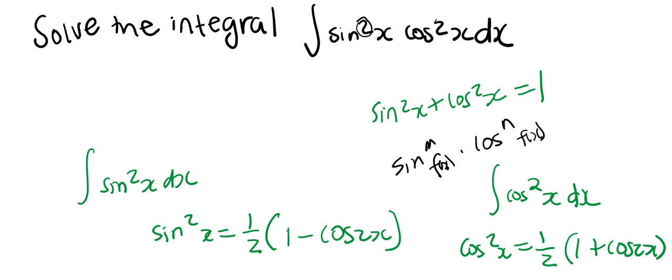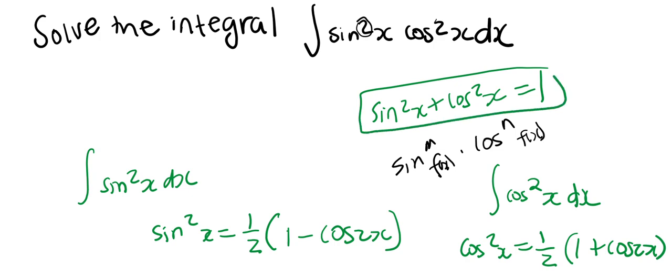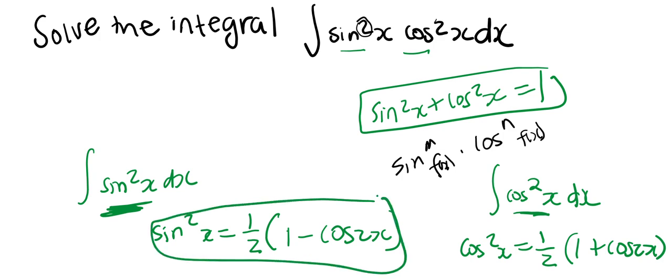Now, here we'll start first with this identity because there are two terms. Look here, we're integrating sine only, and here we're integrating cos only, meaning we're going to use this identity and that one.